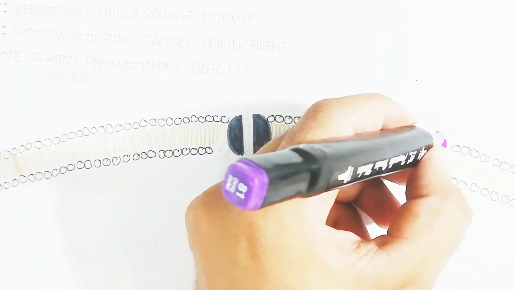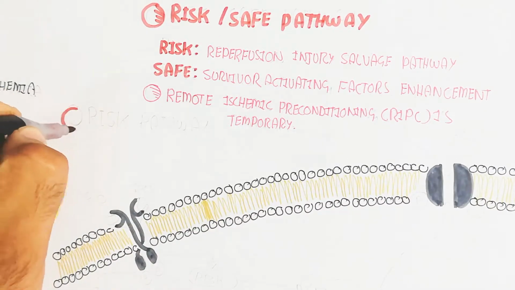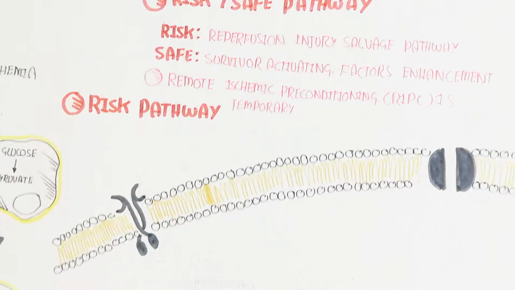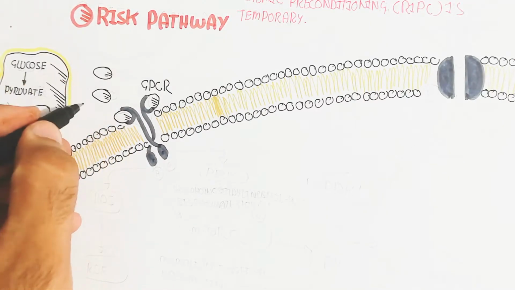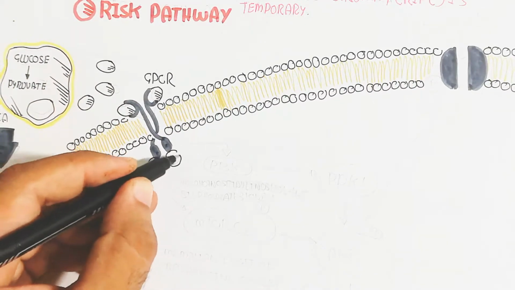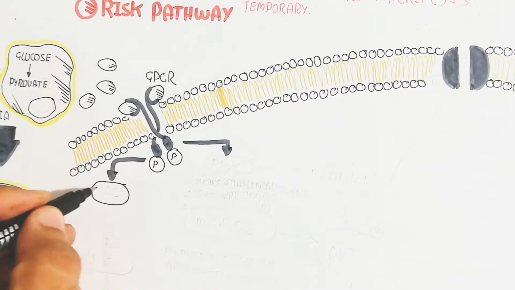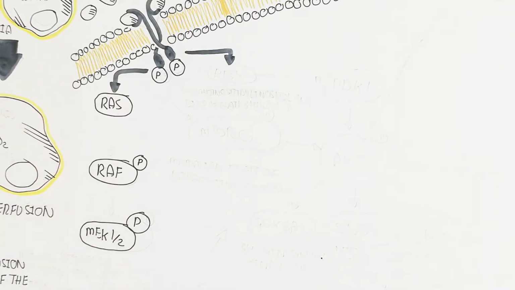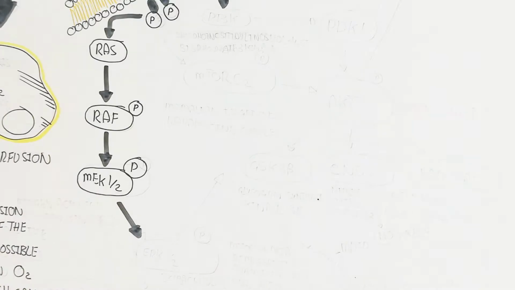Here you can see the cytokine receptor, remember, and this is the G protein coupled receptor. The RISK pathway involves the G protein coupled receptor, with a dimeric intracellular domain and a dimeric extracellular domain. When the drug, a ligand, binds, it stimulates RAS, which phosphorylates RAF, which phosphorylates MEK1 and 2.